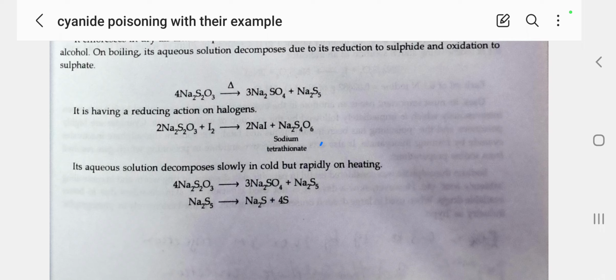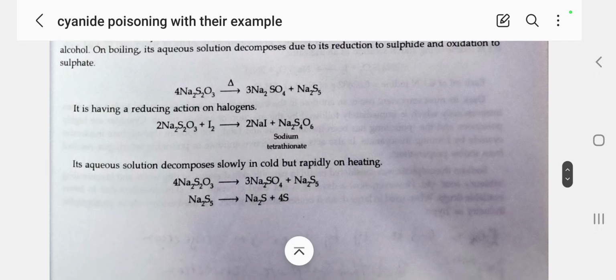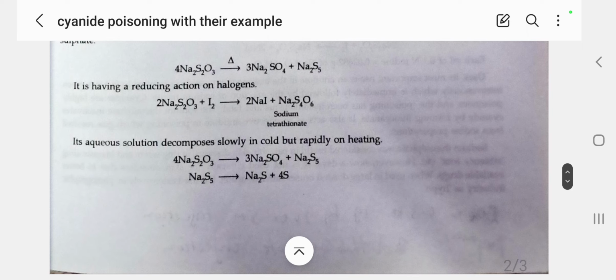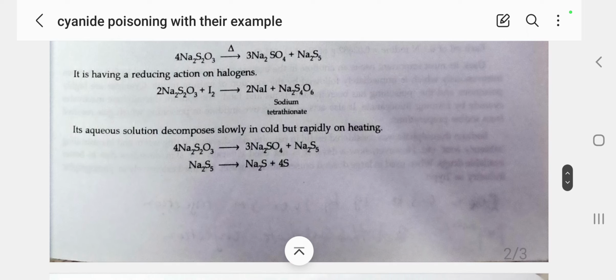Sodium tetrathionate in aqueous solution decomposes slowly in cold but rapidly on heating, giving sodium sulphate and sodium sulfide.